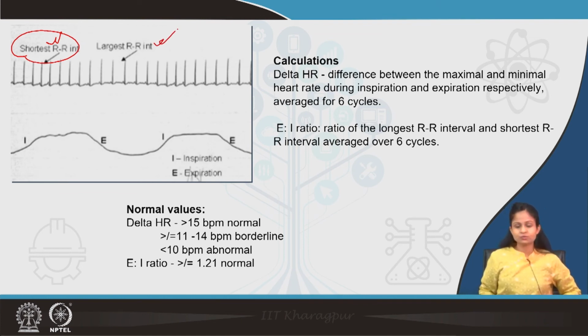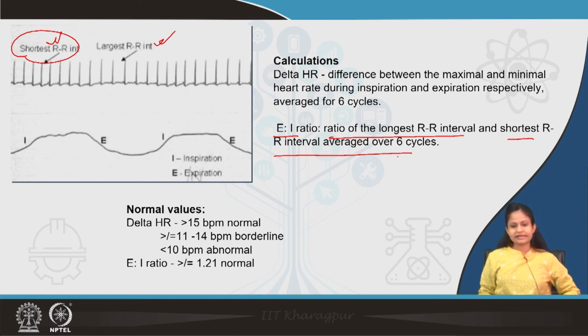The E:I ratio is the ratio of the longest RR interval to the shortest RR interval, averaged over the 6 cycles.